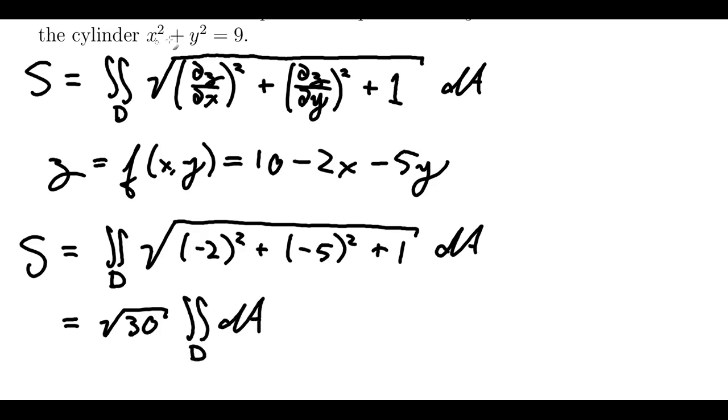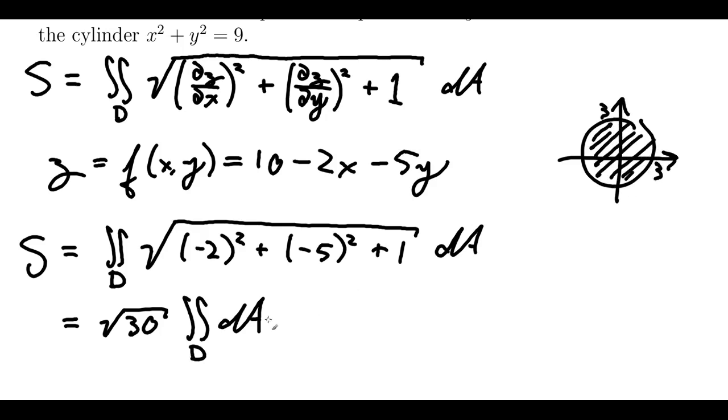Now this cylinder that we have is perhaps best described in polar, but we don't really need to do that, do we? Because if we look at this integral, this is the double integral over the domain D, dA. D, again, is just a disk of radius 3.